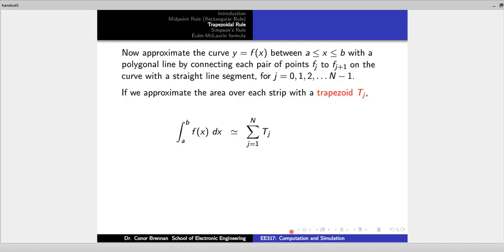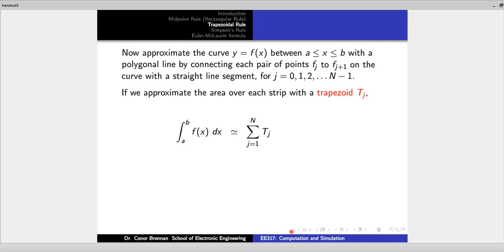Now the area of the triangle: the height of the triangle is f_{j+1} minus f_j. We multiply it by half the base, h over 2. That gives us the area of the triangle. Add these two together, you end up getting h over 2 times (f_{j+1} plus f_j). You can work out the details yourself.